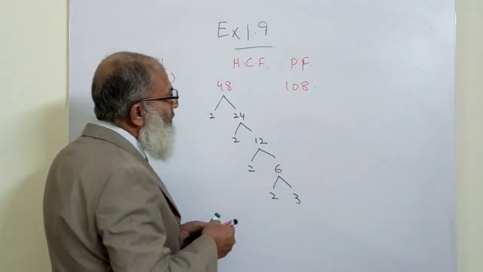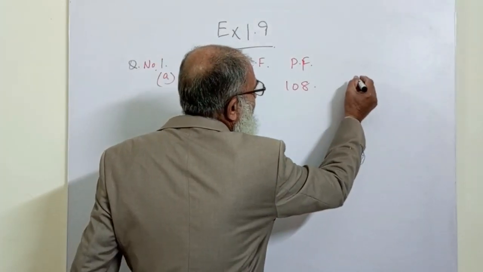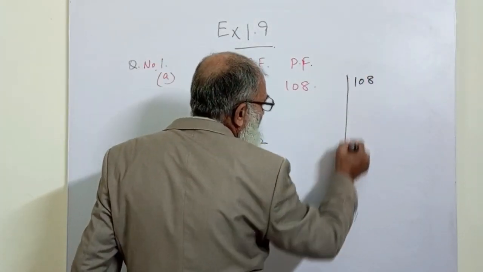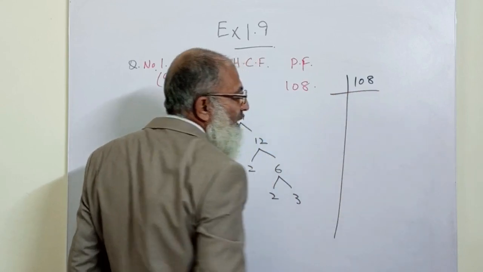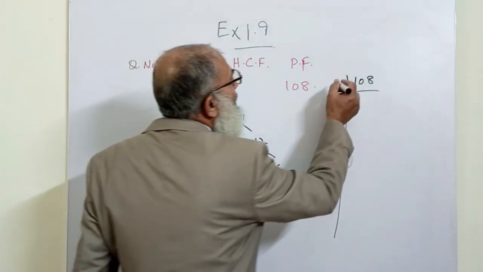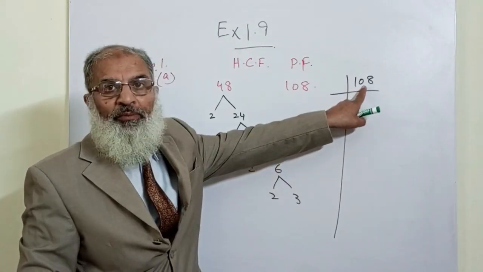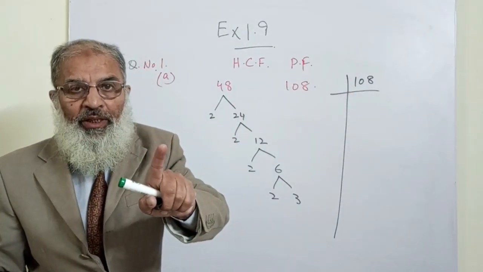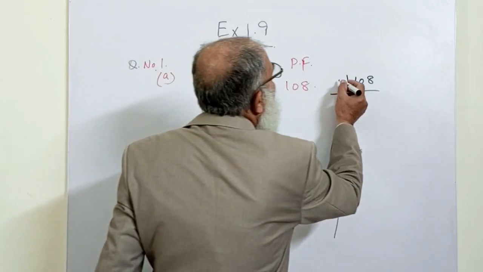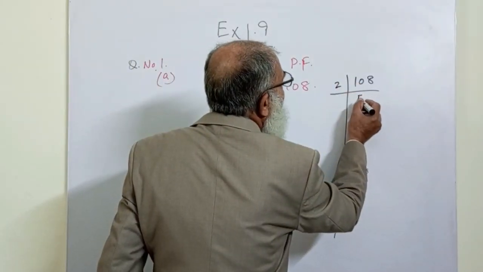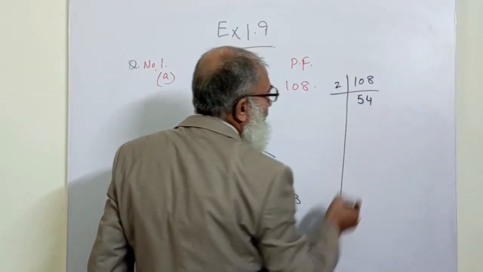Now what I do with this 108 is I write it over here and draw a line vertical and draw a line horizontal. Now you see, this is again divisible by 3, but we are going to start it with 2. 2 times 54, and 2 times 27.